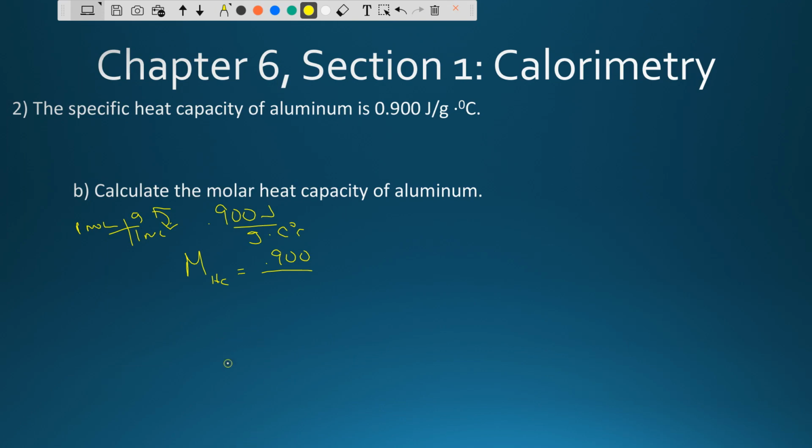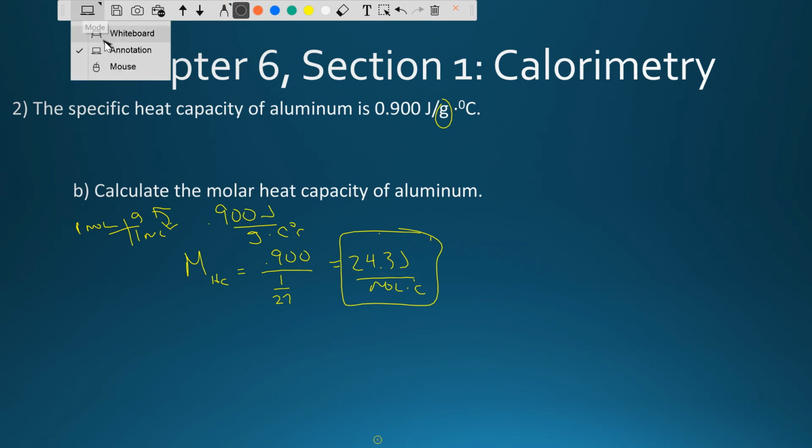So what that means, because it's aluminum, then I just say, okay, well, I know that there's 27 grams per mole, so 0.90 over 1 over 27, that means that I multiply that out, I end up with 24.3 joules per mole times degrees Celsius. Okay, I just take the specific heat, and since this is joules per gram, I convert my grams to moles, and so I end up multiplying that formula mass. Pretty straightforward. Okay, so that's how we're going to be approaching those types of problems.